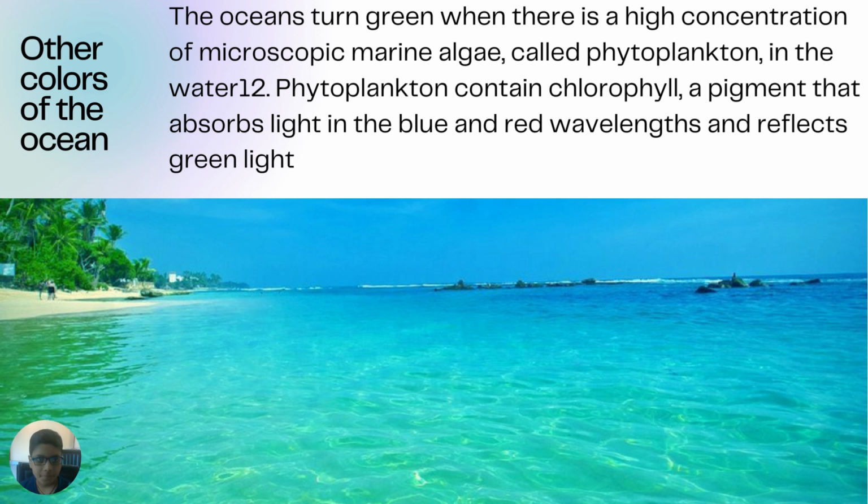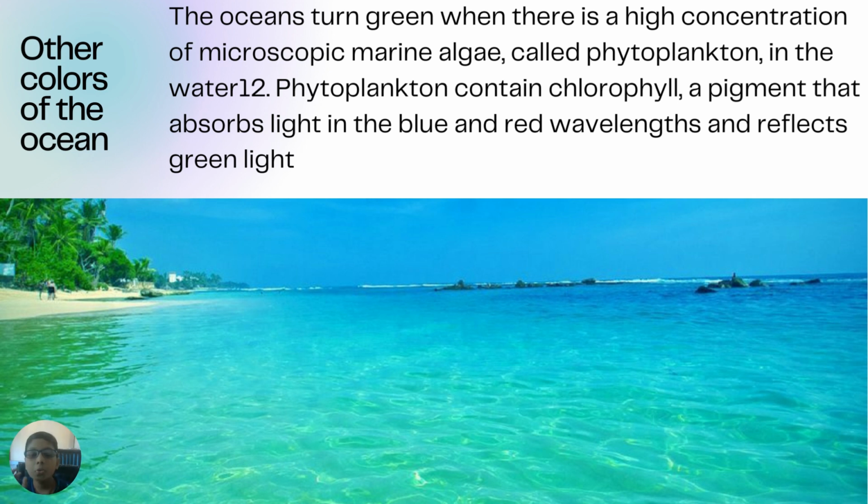In water, if phytoplankton is there, then it gives the reflection of green color. Why is that so? Because phytoplanktons contain chlorophyll. Yes, exactly, the chlorophyll which is present in plants, and they prepare their own food using that, and it reflects out the green light.